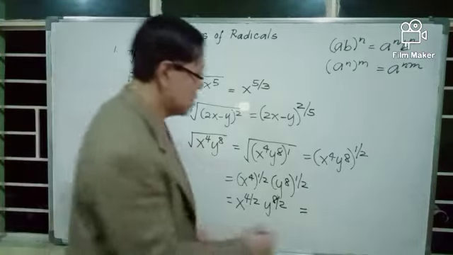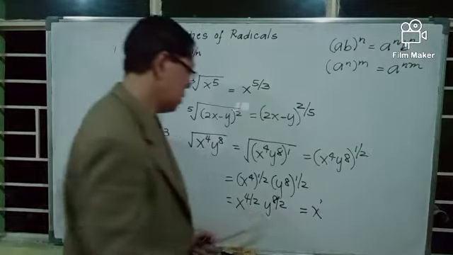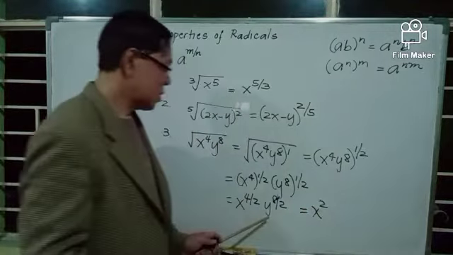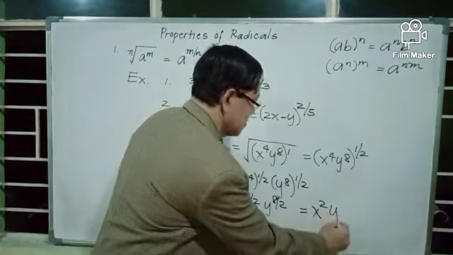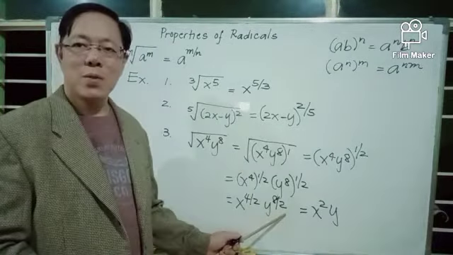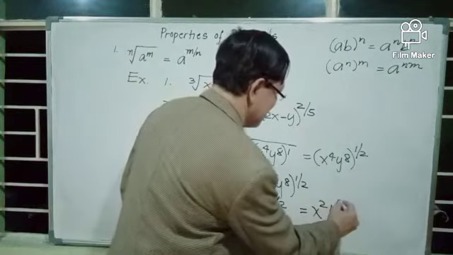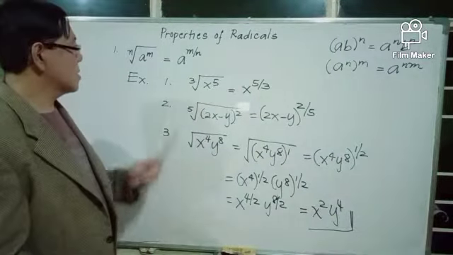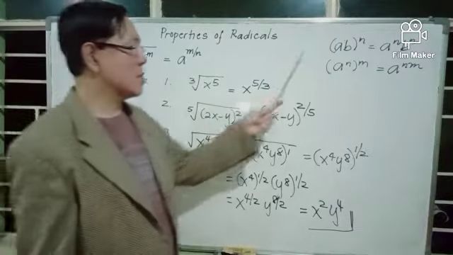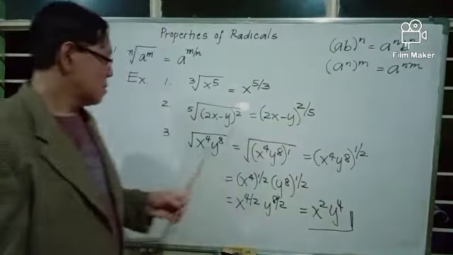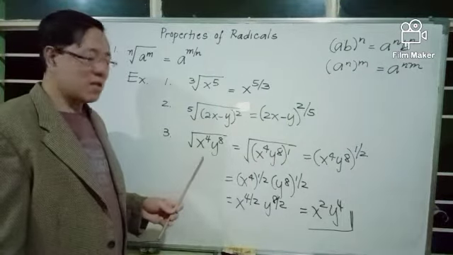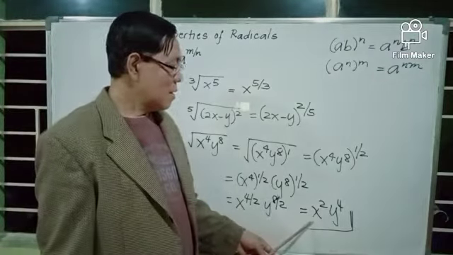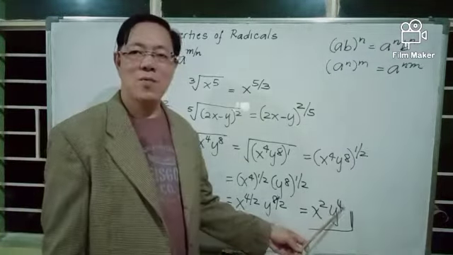We have x raised to 4 divided by 2 is 2, multiplied by y raised to 8 divided by 2 is 4. Thus, using this property of radical and these properties of exponents, the square root of x raised to 4 multiplied by y raised to 8 is x squared y raised to 4.